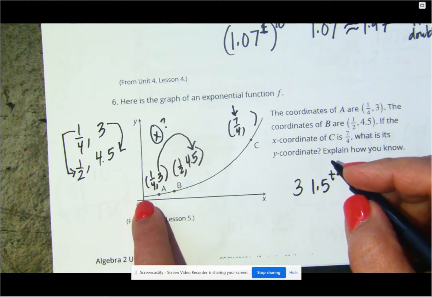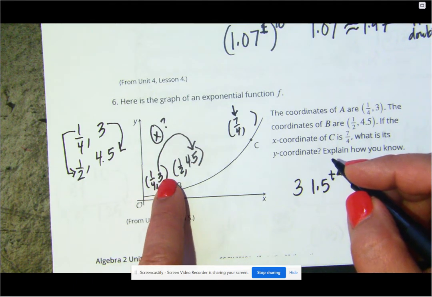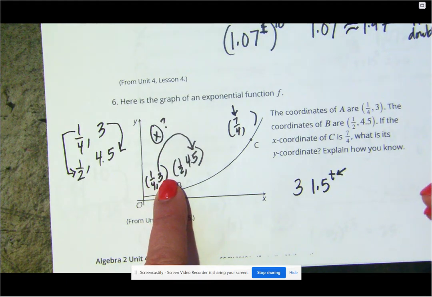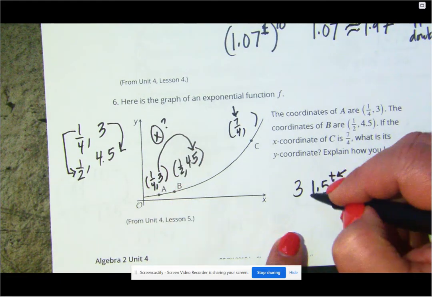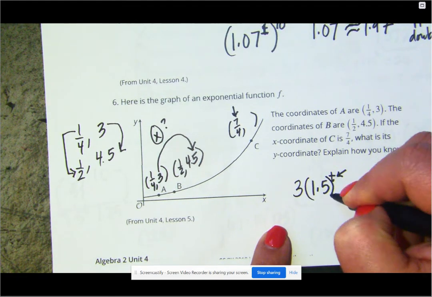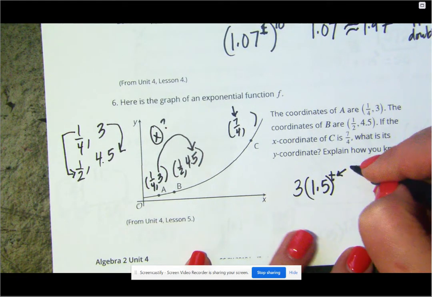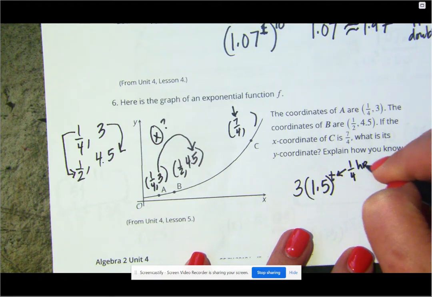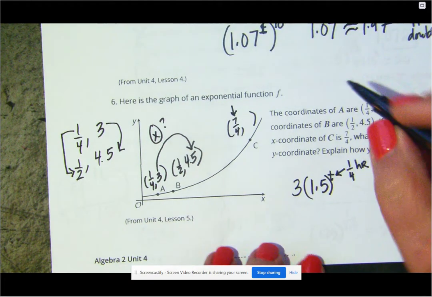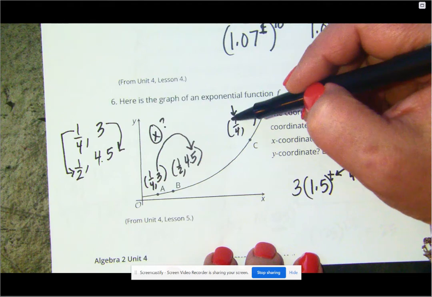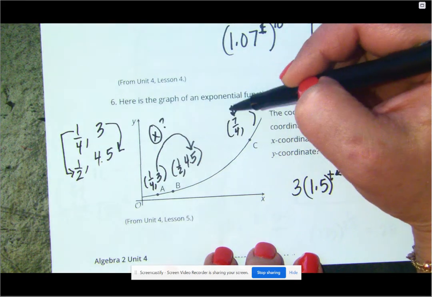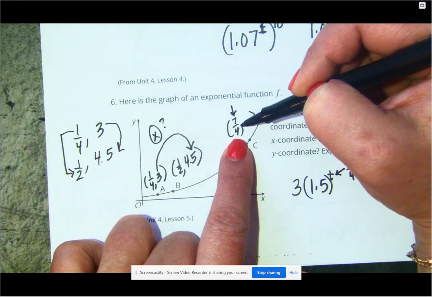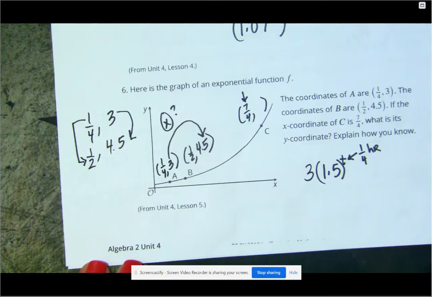I know that's not my y-intercept, but I'm not going to figure that out, since it didn't ask for the y-intercept. I'm going to go from right here. And then I know the growth factor is 1.5 to the t, and t stands for a quarter of an hour. Okay, well, I want to figure out how many quarter hours until I get here. Now, you might be able to figure this out in your head.